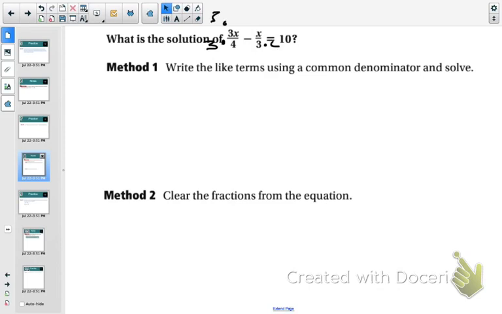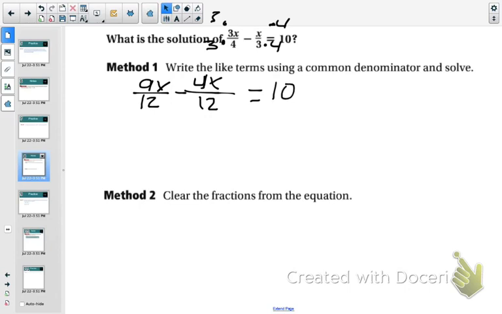The 3 I need to multiply by 4 to get 12, so I multiply the top up here by 4 as well. Okay, so 3 times 3x is 9x over 12, that's 3 times 4, minus 4 times x is 4x over 12, still equals 10.